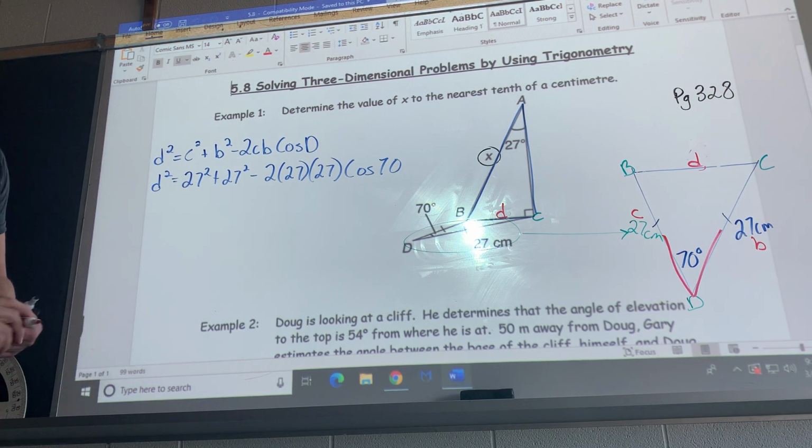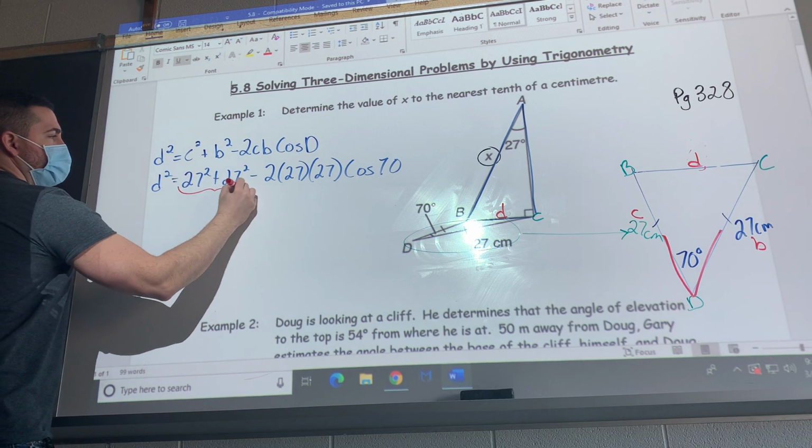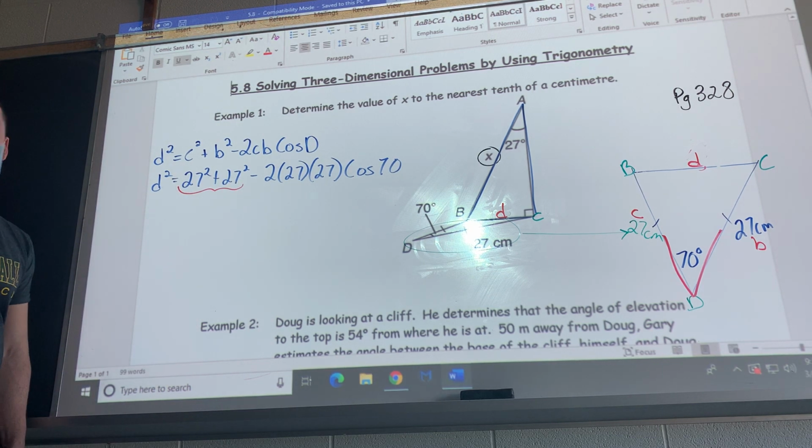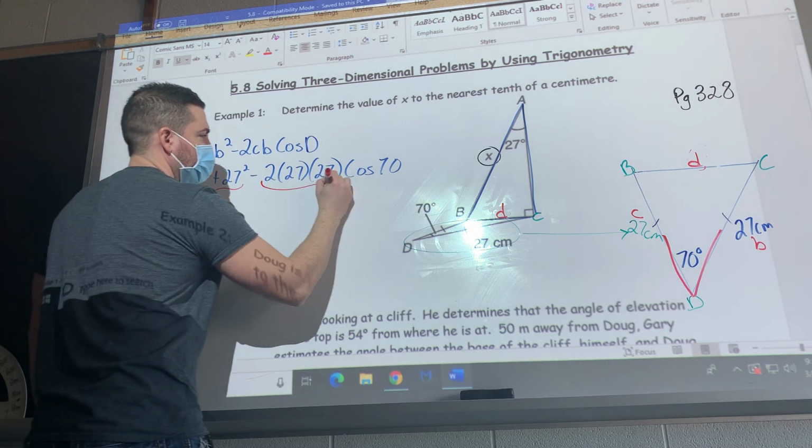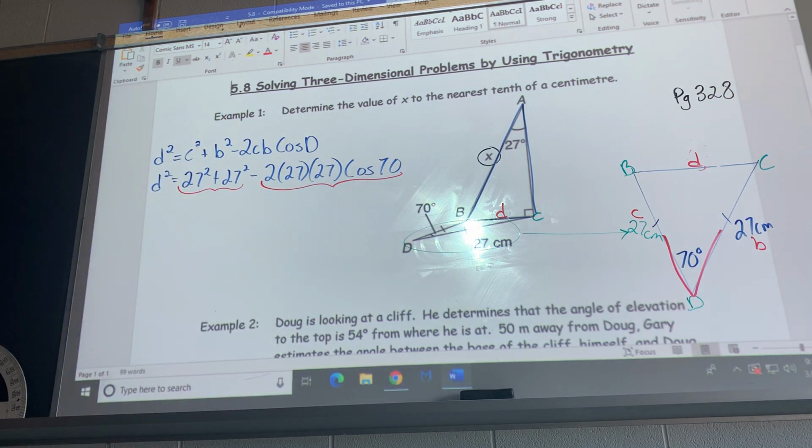Again, like the previous lesson, do the first two terms, square them, and then do the second piece together, and then we subtract them.